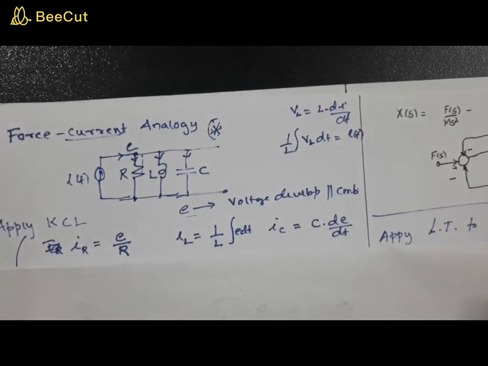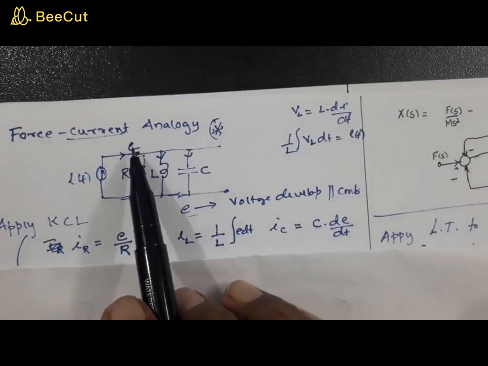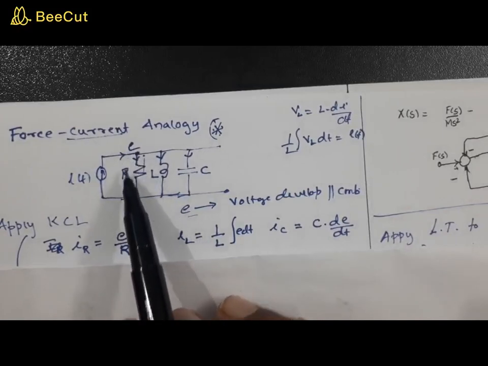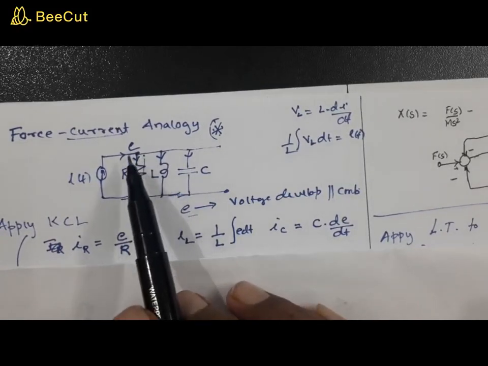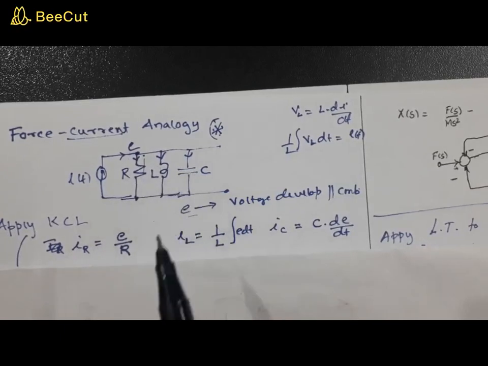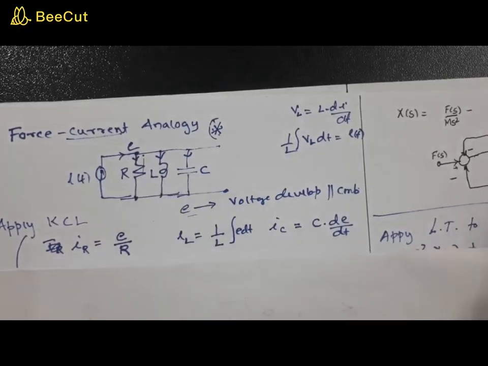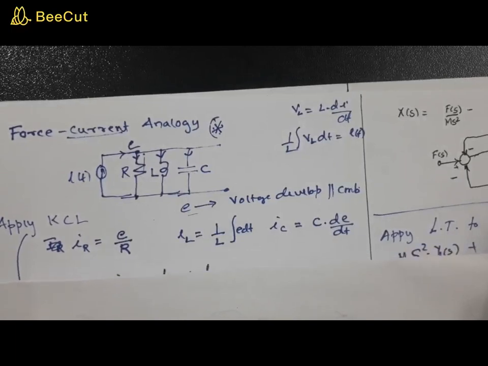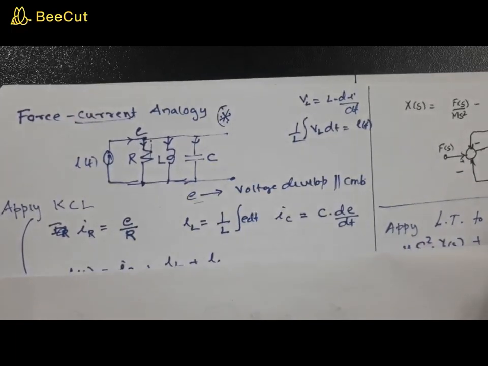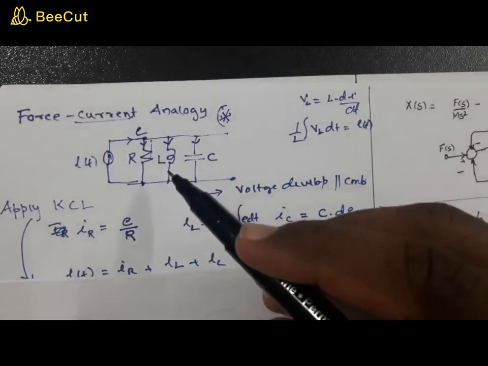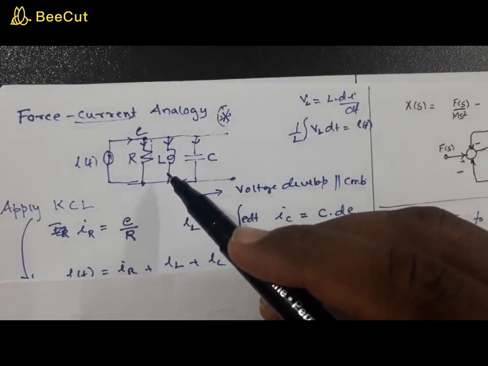Now we have just assumed that the voltage developed across this parallel combination is E, and that will be the same for the inductance as well as the capacitance. Now we are relying on a characteristic of inductance, that is the back EMF.